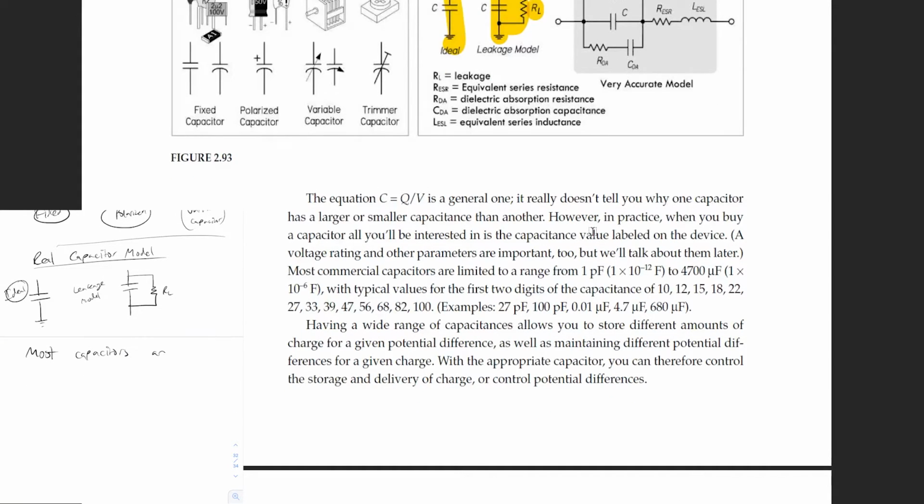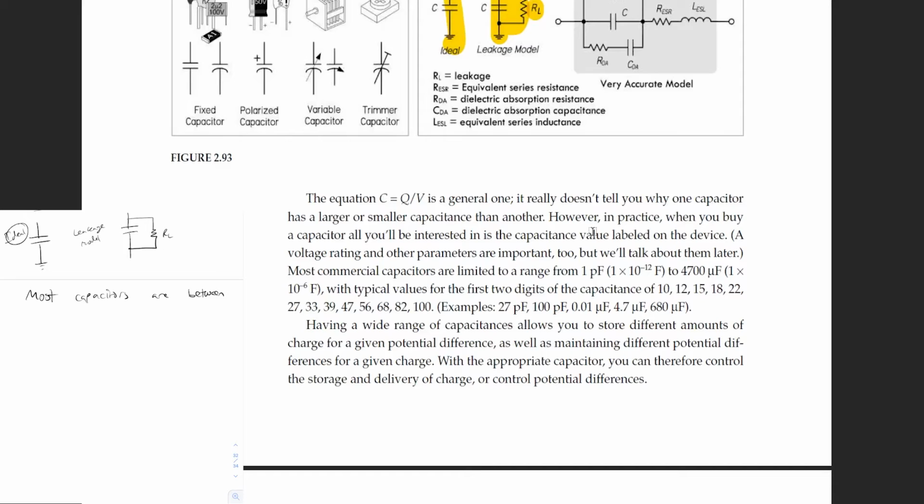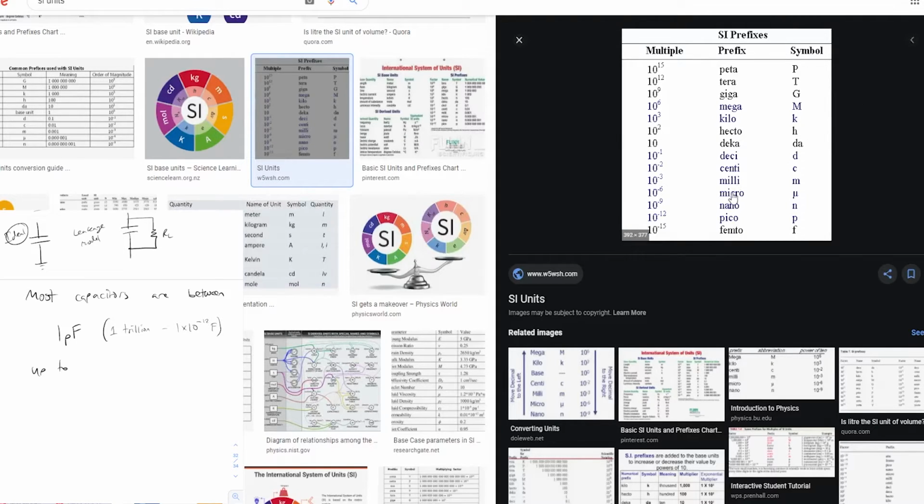So most capacitors are between 1 picofarad, which is 1 times 10 to the minus 12 farads, up to 4,700 microfarads.